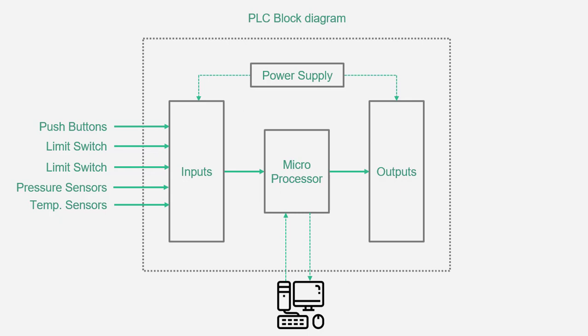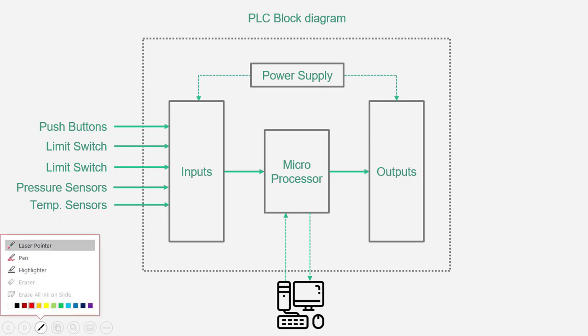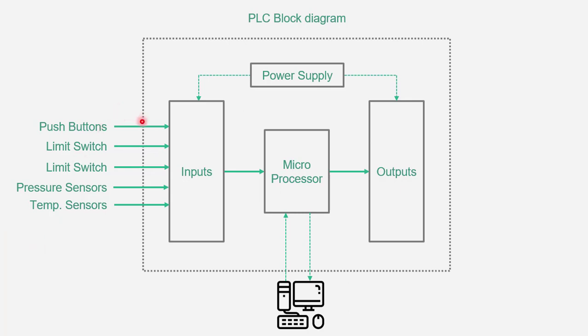And these data, if you see here, are provided to the input section, and then the input section provides them to the microprocessor, and here we have already written some logic, and based on the logic the outputs will be produced.